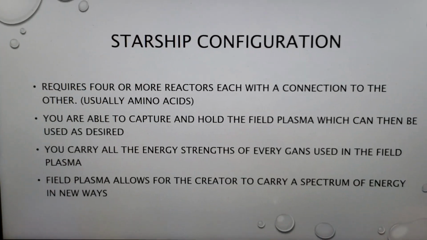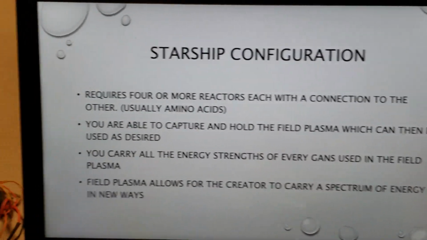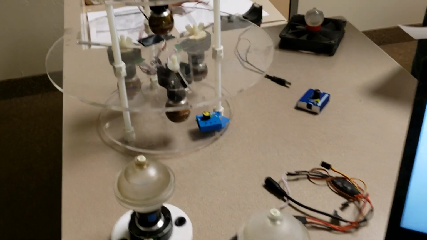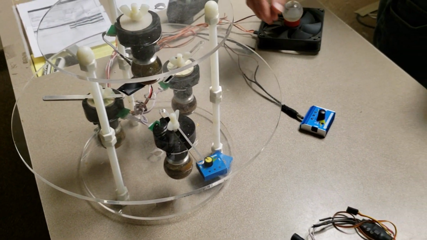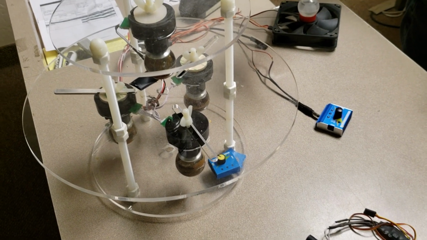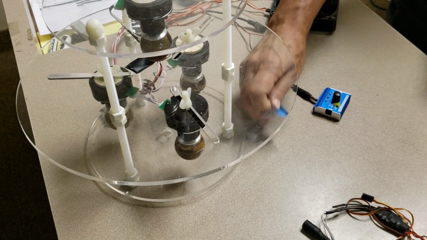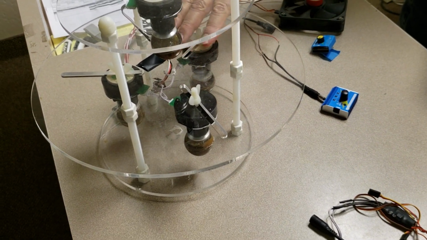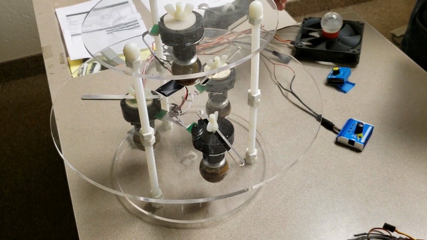Okay, the next example of dynamic reactors would be something that we call the starship formation, which would be something along these lines here, where we control all of these reactors and create an energy field in the center area, right in this area.